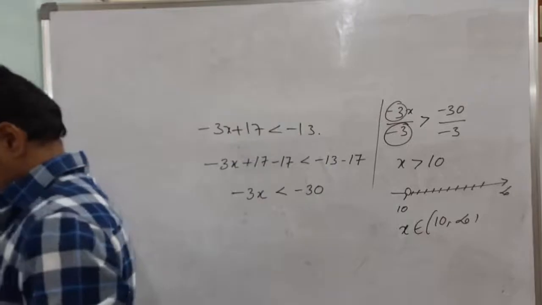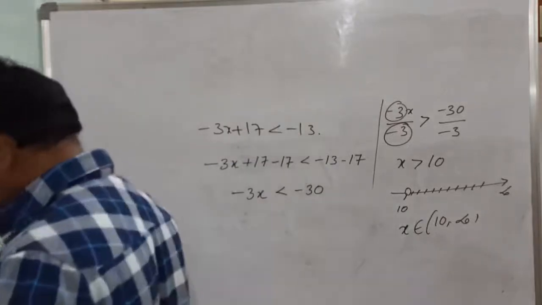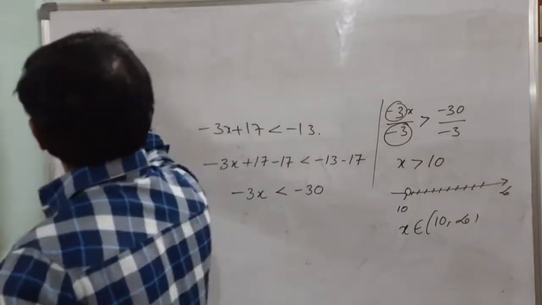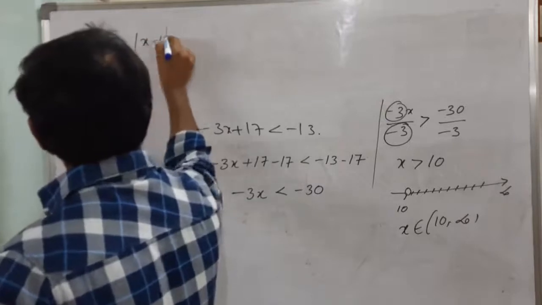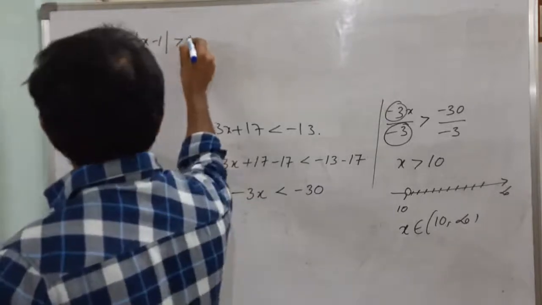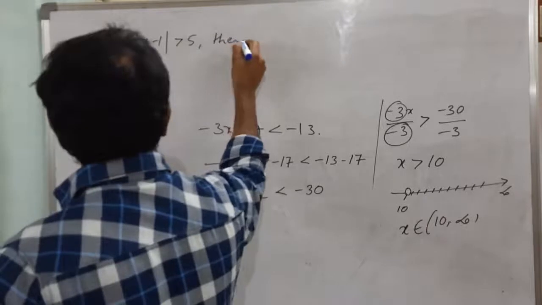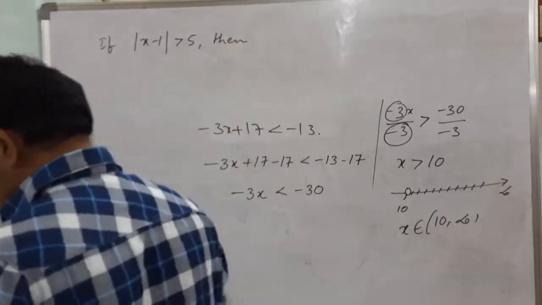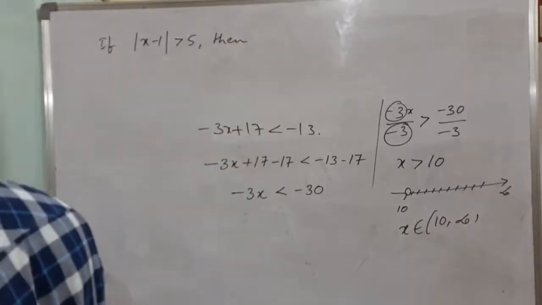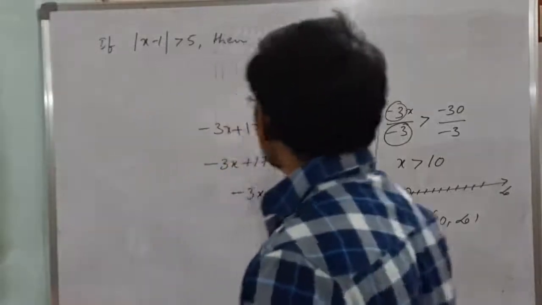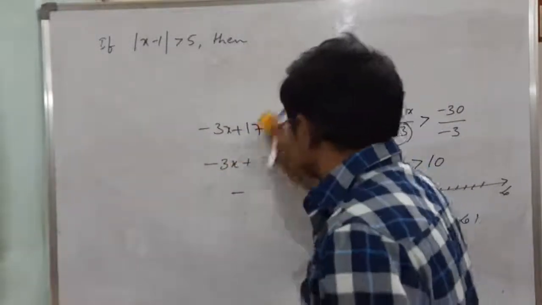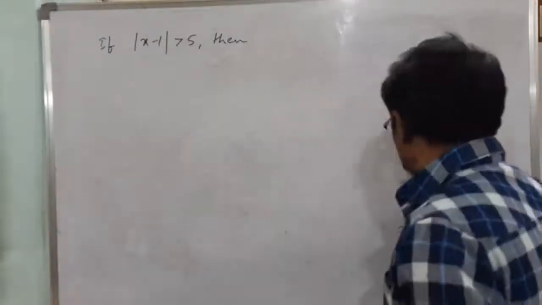Take the next problem: if modulus of x minus 1 is greater than 5, then find x. Here three options are given. So how to do this problem?